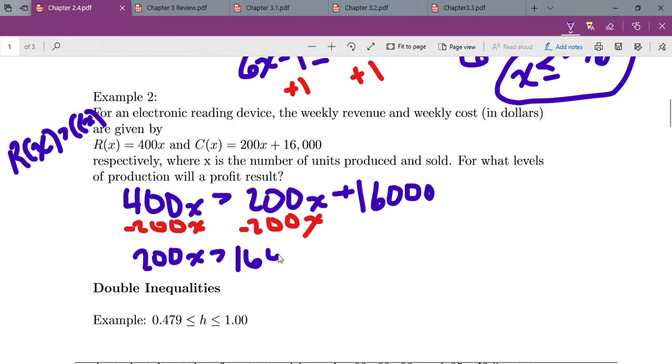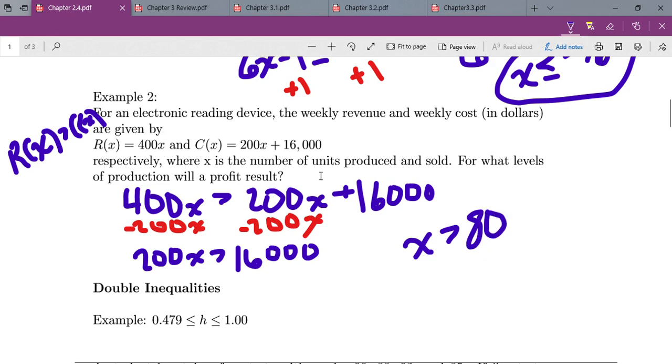Alright, we're obviously going to divide 16,000 by that 200, so that what we get is x is greater than, and you can check me on this, 16,000 divided by 200 should give you 80. So x here should be greater than 80.